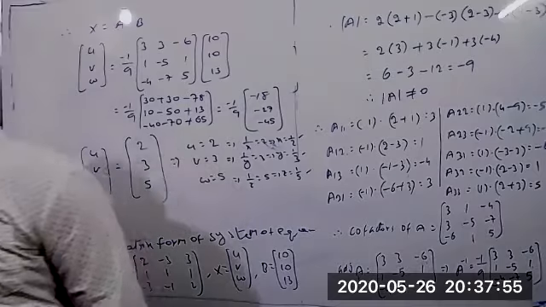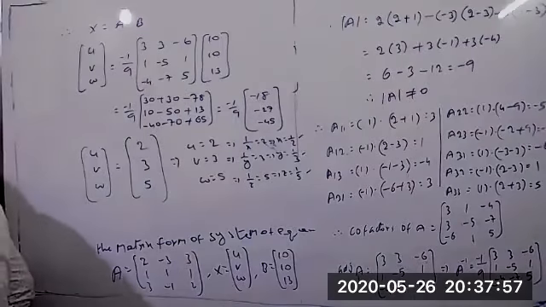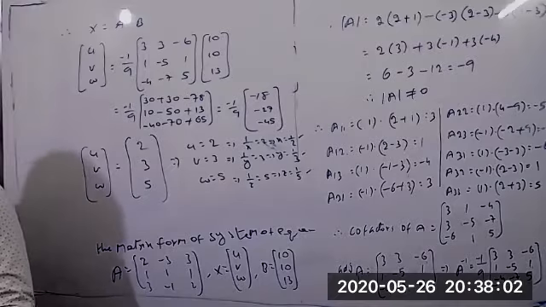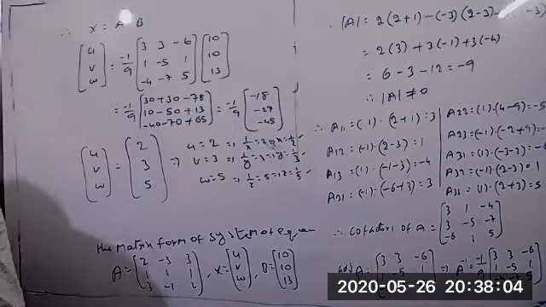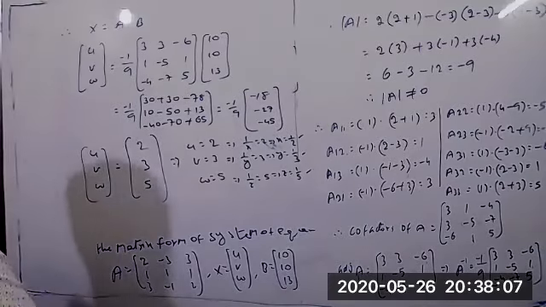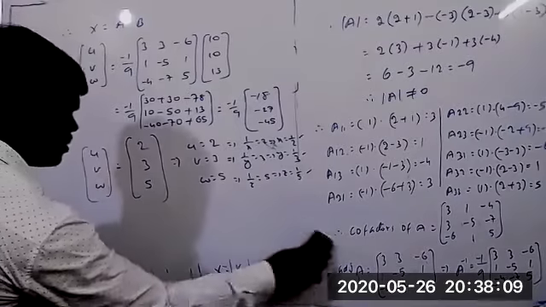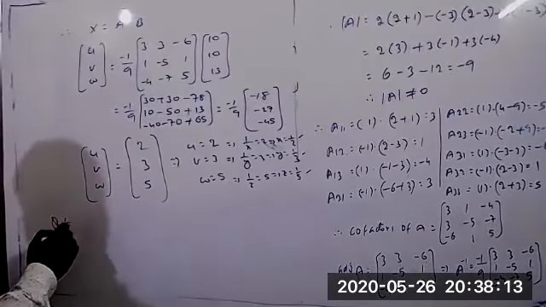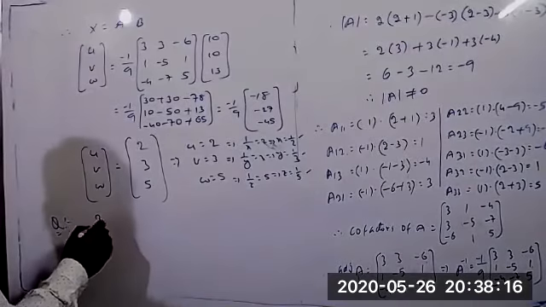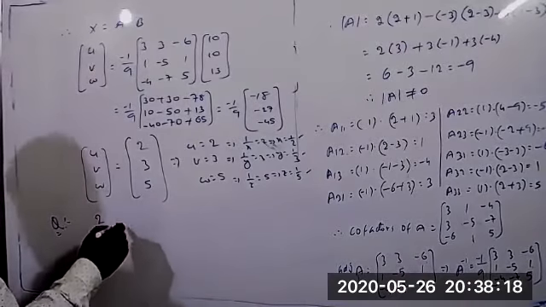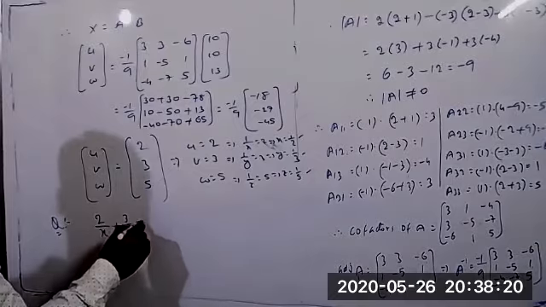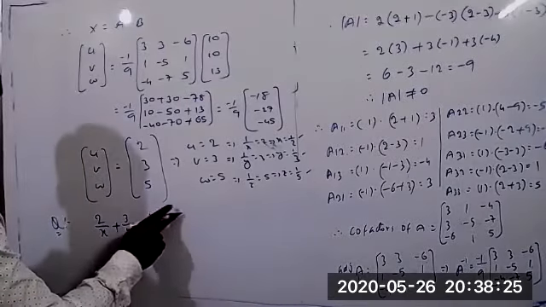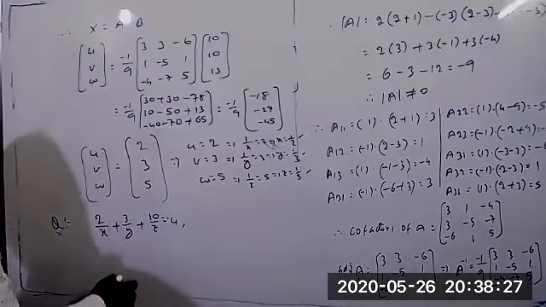The same way, you can try one simple problem yourselves now. Already I gave you the previous application, and this also you can try. Copy now. This we can do as homework. 2 by x plus 3 by y plus 10 by z equal to 4, as the equation.